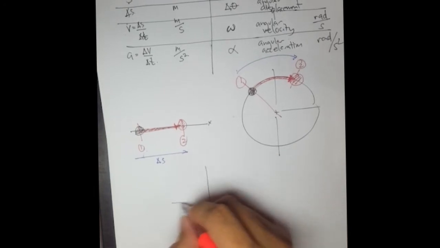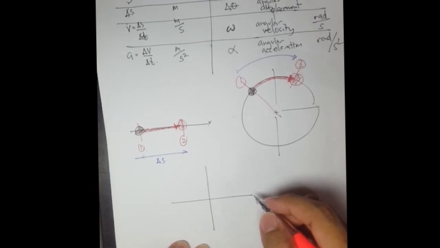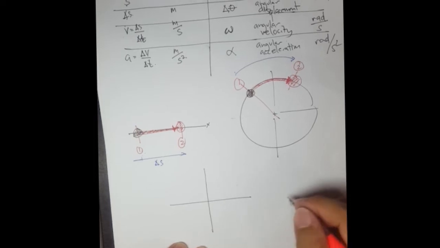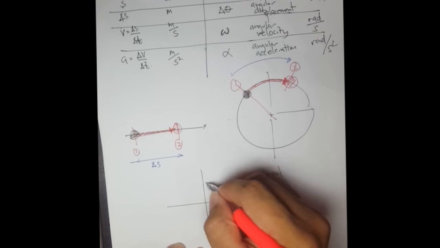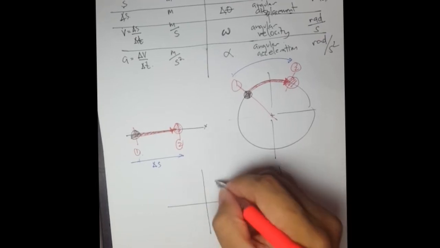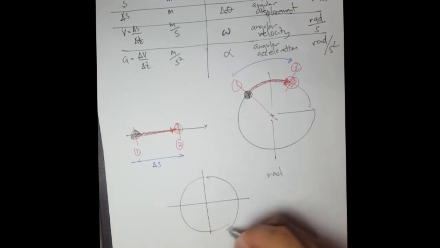A radian is basically an alternate unit for the angular measurements. For example, this is your circle.